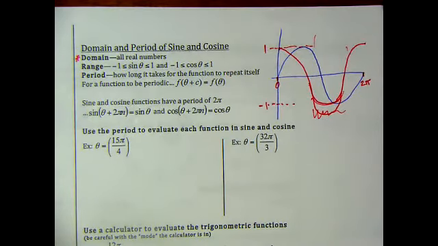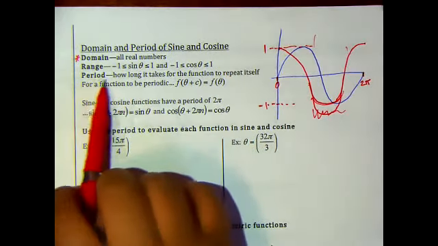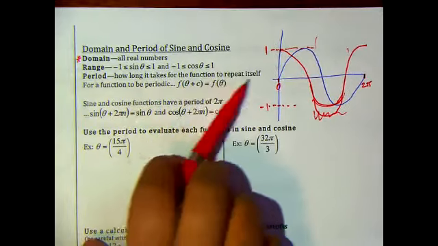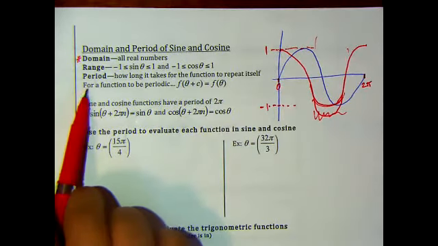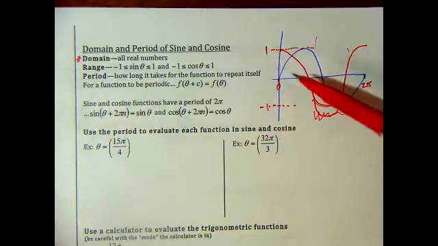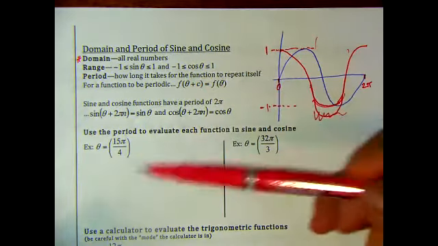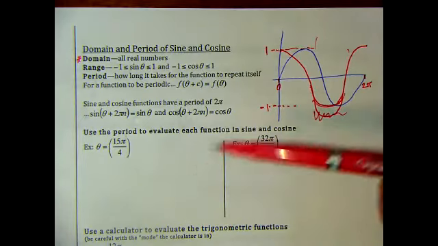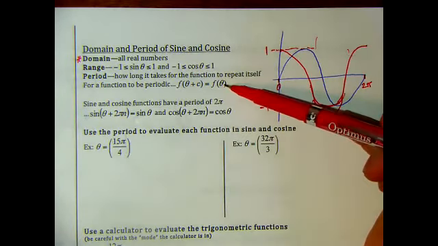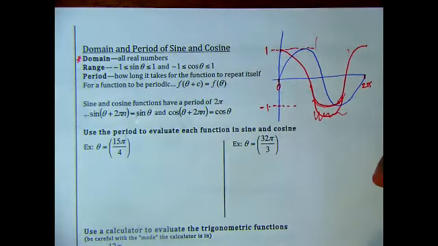Okay. Now, as I was saying, the period is how long it takes for the function to repeat itself. Okay, so for a function to be periodic, we need to be able to say, if I take theta and I add it to a constant number, then it's going to be equivalent to the same thing as theta. Okay.